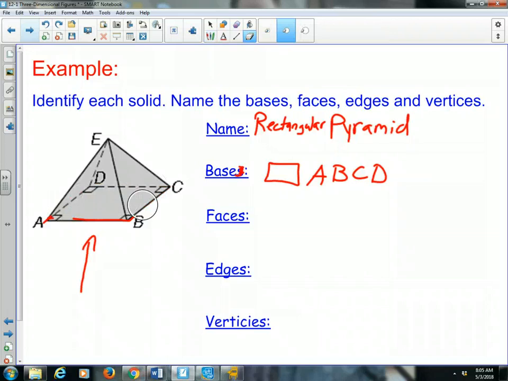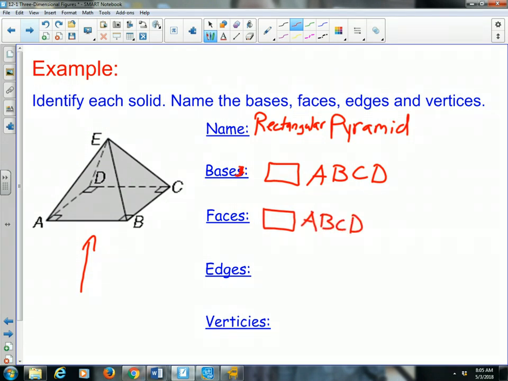Faces, there are 5 faces. There's 4 triangles that go around the pyramid, and then there's 1 base. So we could repeat the base again, because the base is a face. It's rectangle A, B, C, D. And then we have 4 different triangles. Triangle AEB is this one on the front.